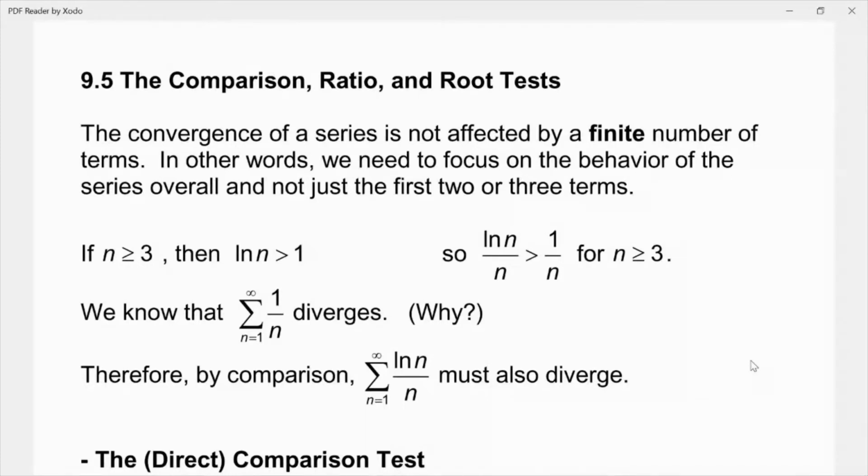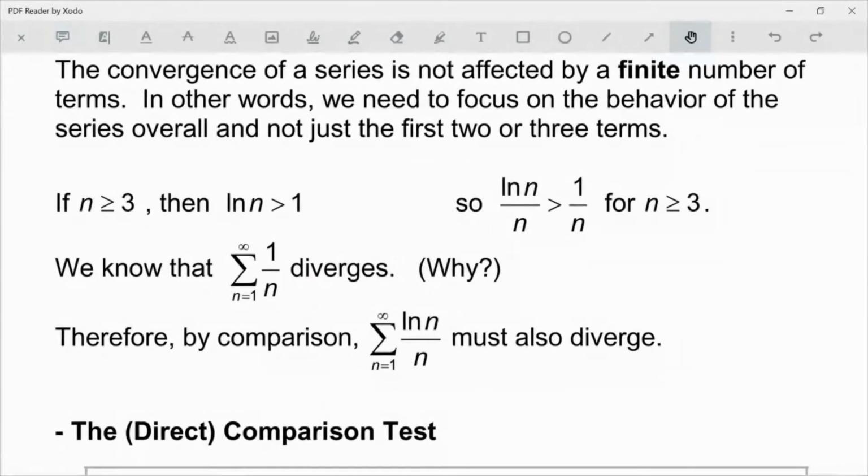So when we start talking about these convergence tests, it's really a matter of looking at the series that you have and using the test that's the most appropriate based on the type of behavior that you see in that series. So the first test that we're going to look at here is the direct comparison test. And you may or may not remember this one from section 7.8 when we were doing improper integrals.